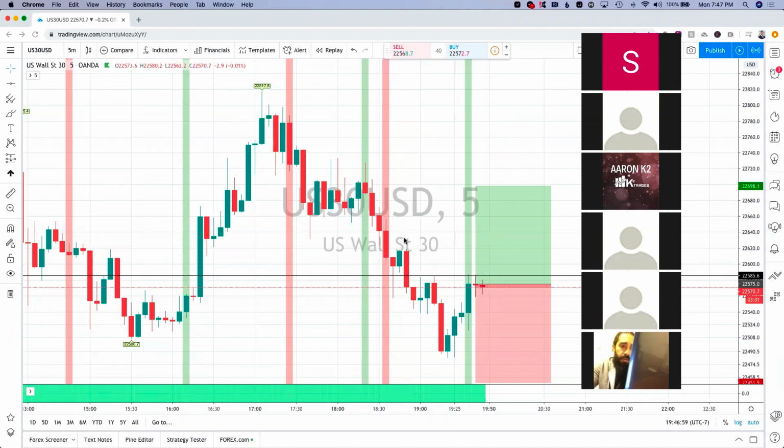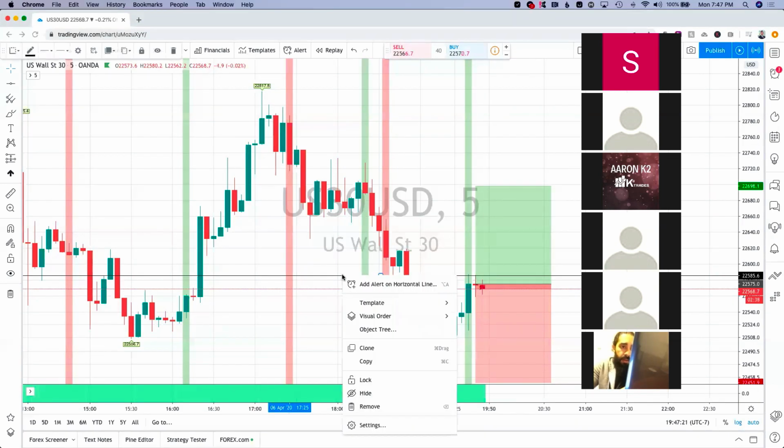Yeah, but US 30 has become my favorite pair to trade. Not even pair, it's just the asset. Because with this trading strategy that I'm explaining to you guys, if you do it properly, it's just a matter of time. It's all patience, really. I try not to look at it very often, but usually I'll set an alert on it just to remind me.